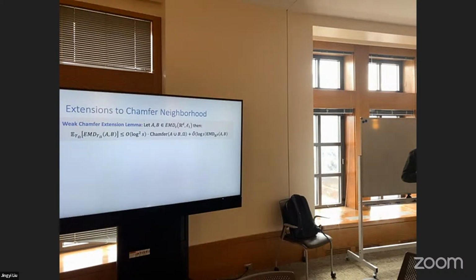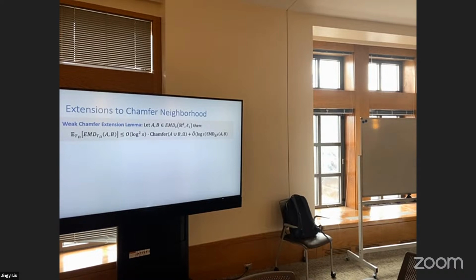So we're going to try to first start by proving the following lemma, which I'm going to call the weak chamfer extension lemma. So this is going to be weak because it's not going to be strong enough for a result, but it'll give you an idea of what's going on here. So what do I want to prove? I know that my distances aren't contracting, so I'm worried about the distance in the tree metric between two sets of points A and B. And what I'm going to prove is that their distance is at most log s times their original earth mover distance.